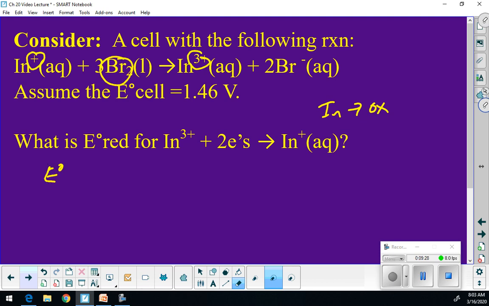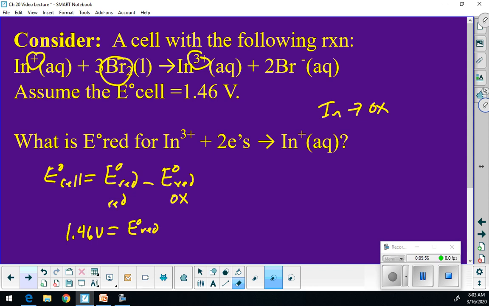We know that my E cell is equal to the standard reduction potential for my reducing species minus the standard reduction potential for my oxidizing species. And what do they say that is? 1.46 volts is equal to, we said my reducing species is my bromine, right, minus my standard reduction for my indium, right?